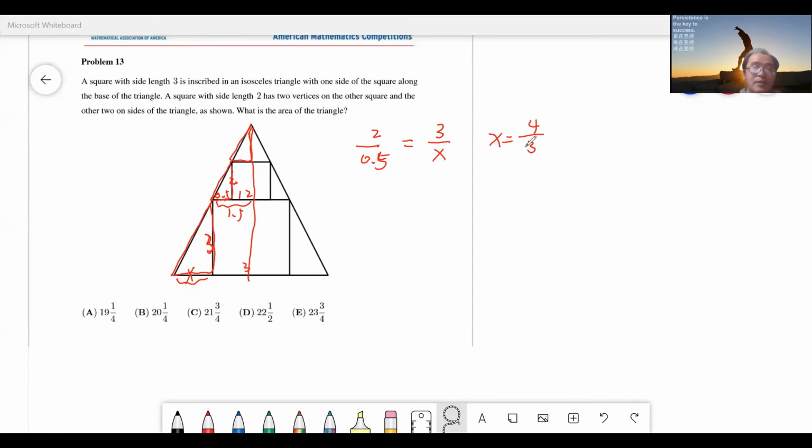All right, actually, this is not, so this actually is 3/4. I made a mistake, 3/4. Right, so if you look at the top triangle, this is cut by half, this is 1. So then this is y, and 2 over 0.5 equals y over 1. Then we find y equals 4.